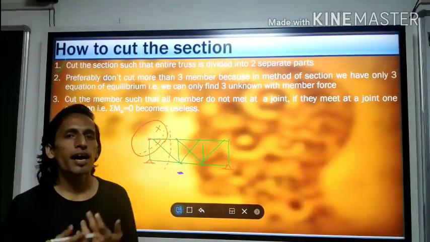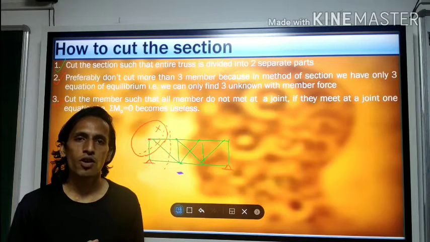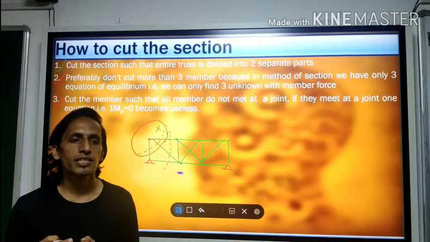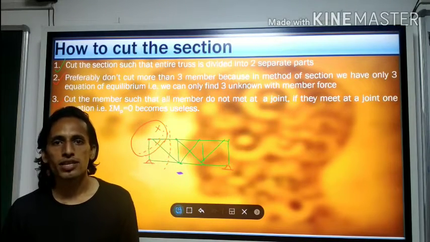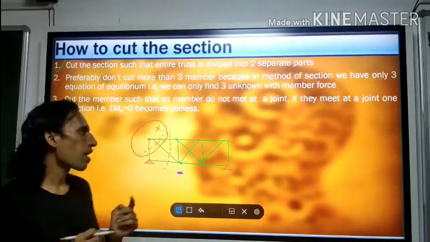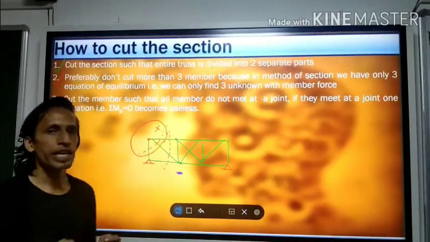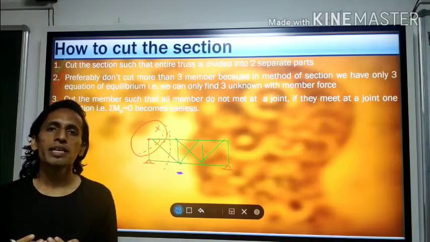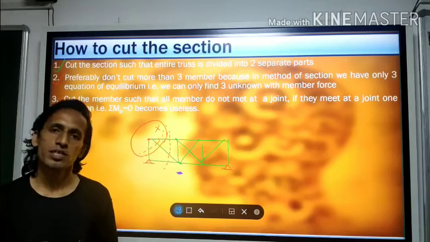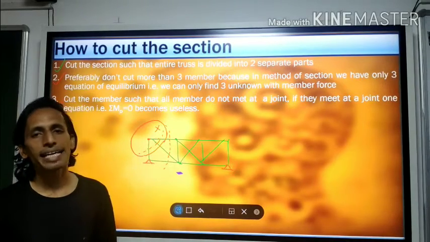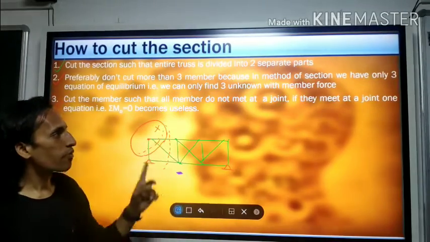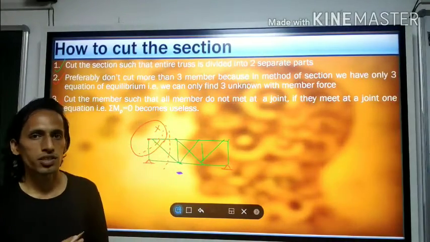If you try to write the equations of equilibrium, then the equation that the summation of moments at any point is 0 will vanish, because all are passing through this point, and the perpendicular distance for all the 3 members will be 0. So it is a bad idea to try this kind of section. Try to avoid it.